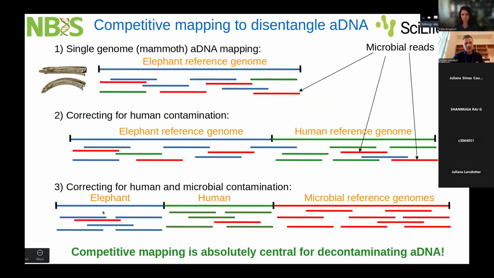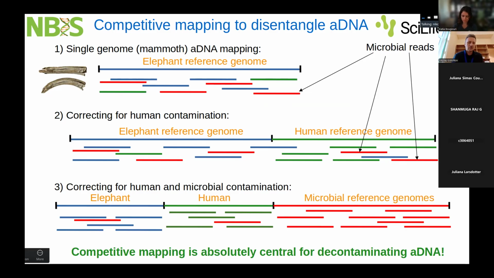So basically, this competitive mapping is, in my opinion, a very central part of our aDNA analysis, and I'm advocating to use this competitive mapping approach as much as possible. I know that not everyone thinks in this way.